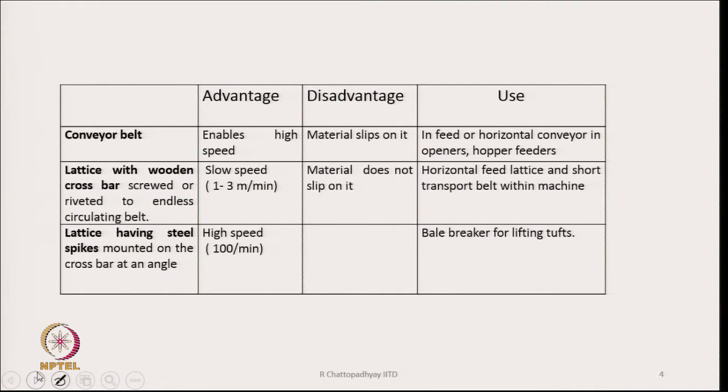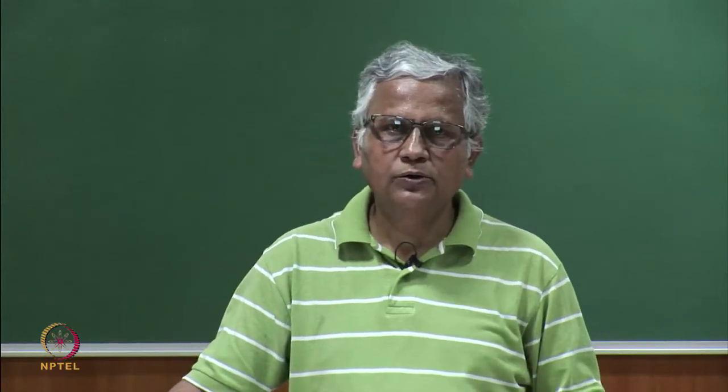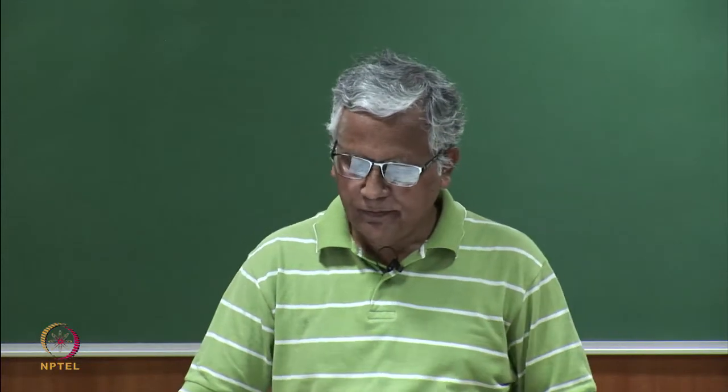If we try to understand the advantages and disadvantages between them, then for the conveyor belt, the advantage is it enables high speed. We can run them at a slightly higher speed, but the disadvantage is the material slips on it, because the surface of the belt is very smooth, and there is a possibility that the coefficient of friction between the cotton and the belt could be so low that the belt will move, but the stack of cotton which rests on it may not move.